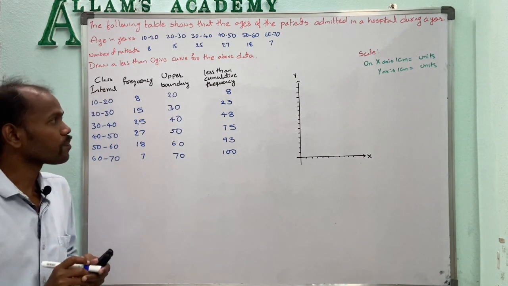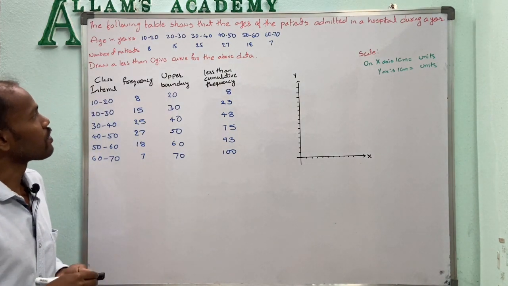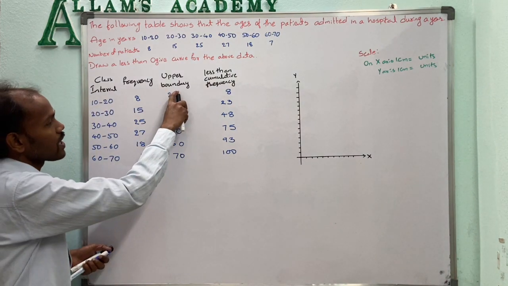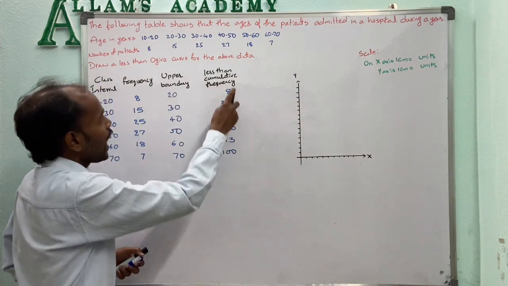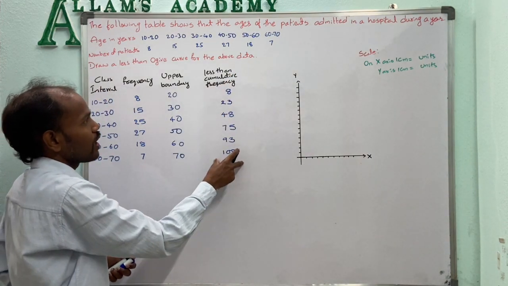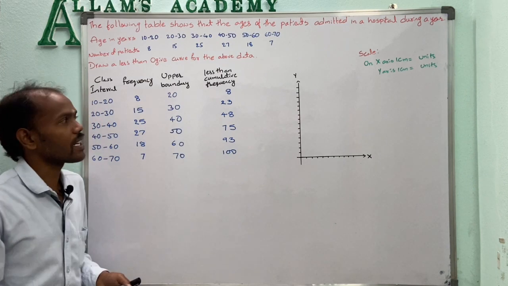So here we have to take the upper boundaries on the x axis and their corresponding less than cumulative frequencies on the y axis.